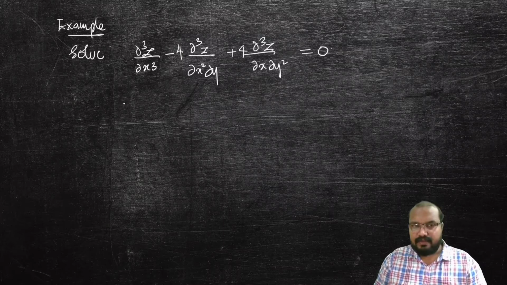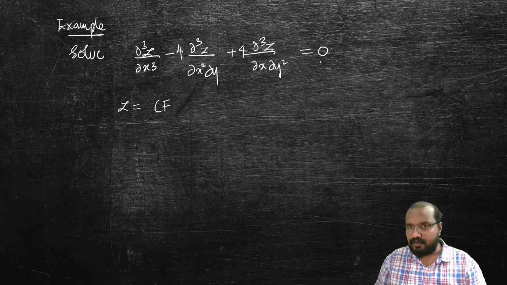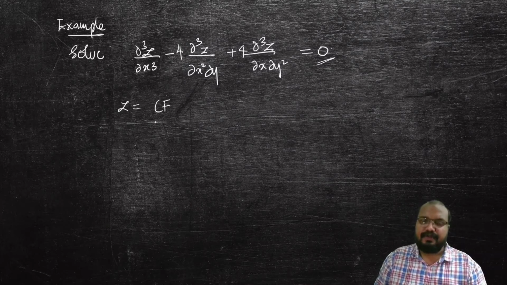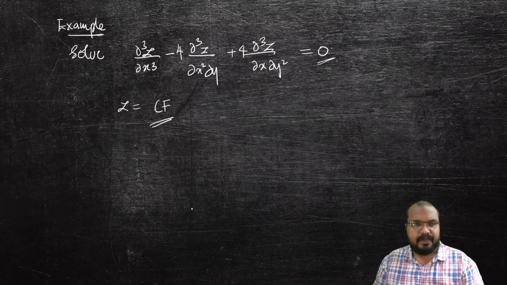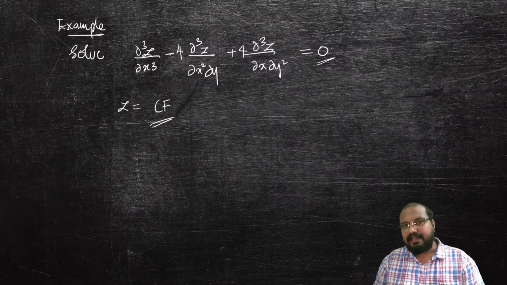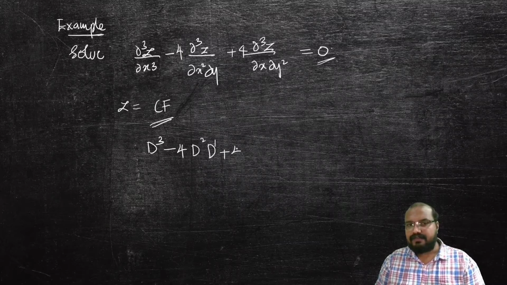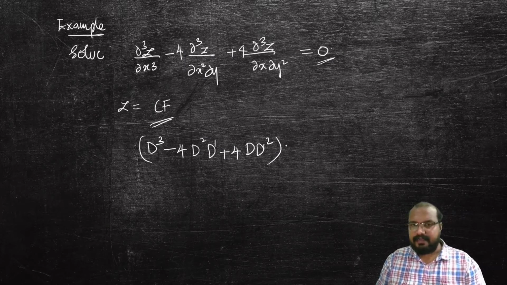Now its solution is only the complementary function CF, because there is no right side g of xy part. Therefore the solution will be its complementary function only. So now we want to rewrite this into D form, that is D³ minus 4 D² D dash plus 4 D dash² into z equal to 0.